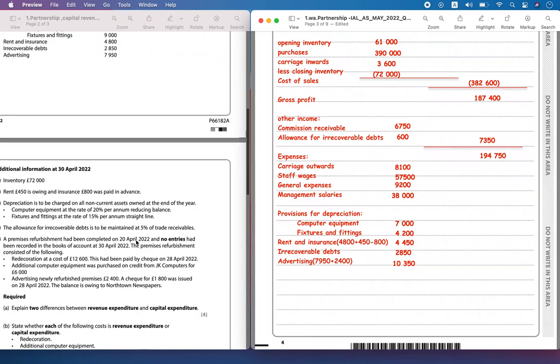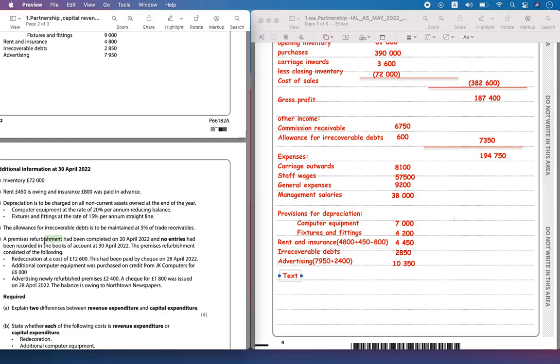Now after advertising, we also have to include the premises refurbishment. We know that it is a revenue expenditure, so we have to include that cost. The redecoration expenses are around 12,600.